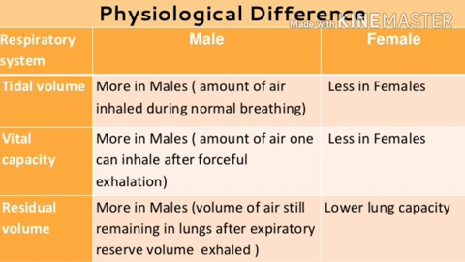So it is more in males and less in females. It doesn't mean that females are not fit, but we are discussing the difference between males and females. So tidal volume is less in females in comparison to males.